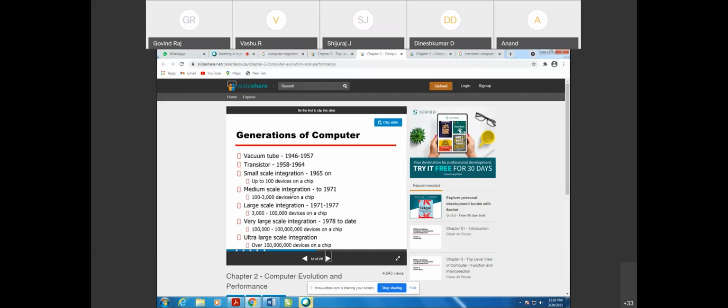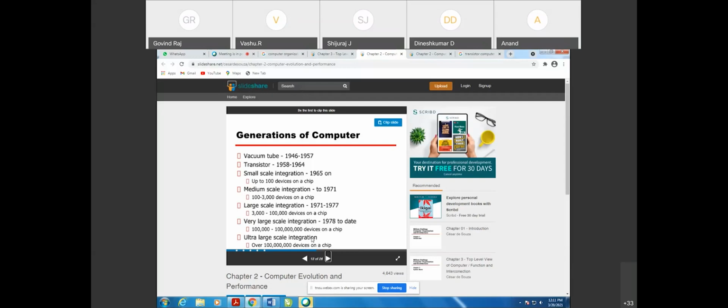Approximately how many transistors can be introduced in one small chip, that is what we call an integrated circuit. So medium scale integrated circuit up to 1971, large scale integrated circuit from 1971 to 77, and very large scale integrated circuit from 1978 till date, VLSI architecture. And ultra large scale integration circuit is also there.